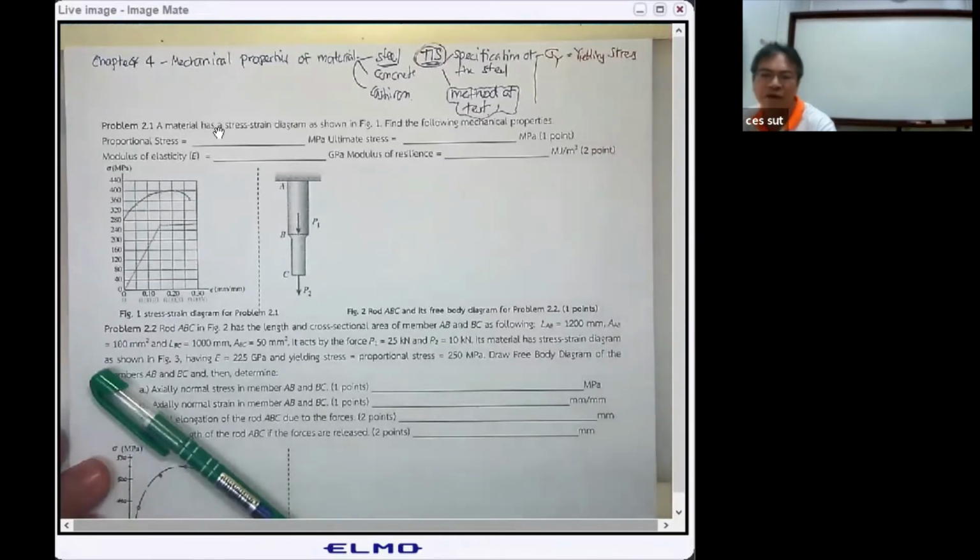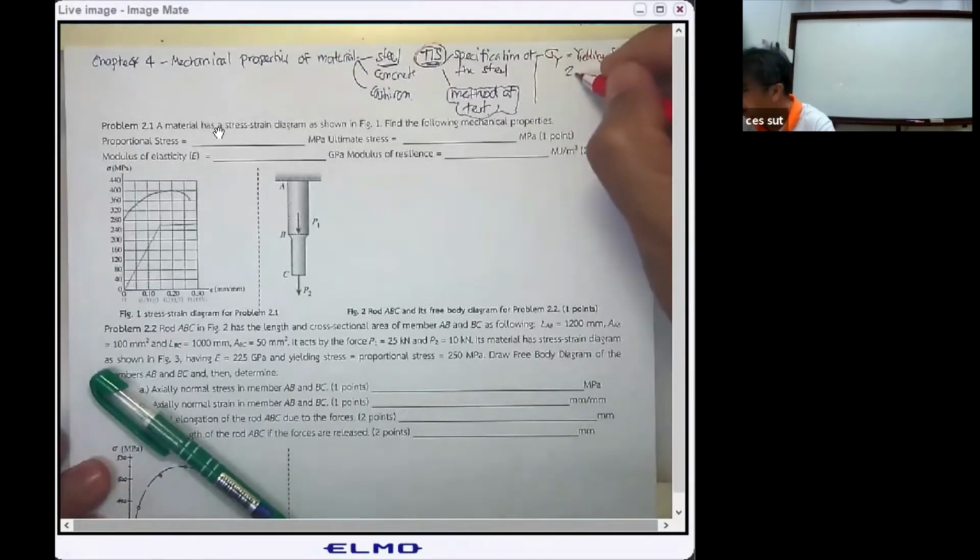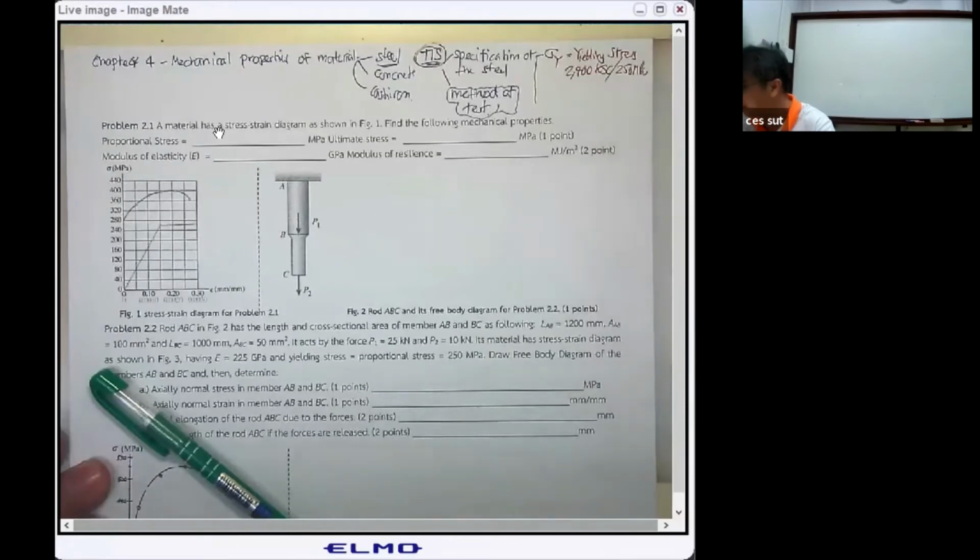The most common steel used in reinforced concrete in Thailand has a yielding stress of about 2,400 kilogram per square centimeter, or about 250 megapascal.